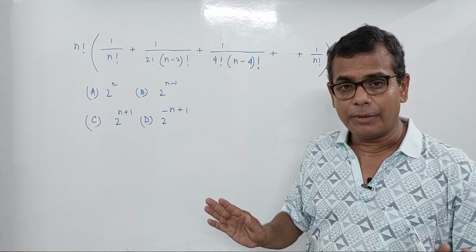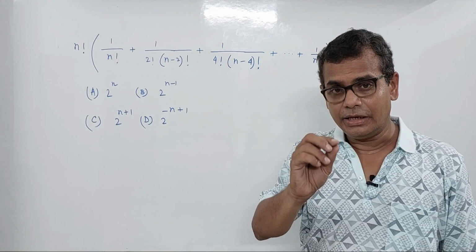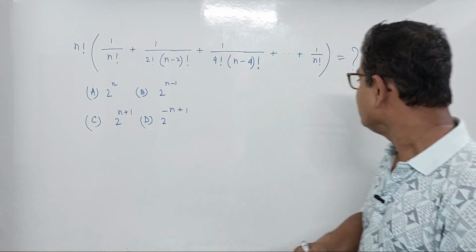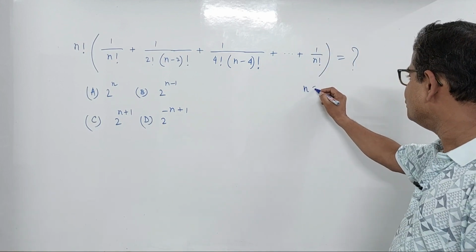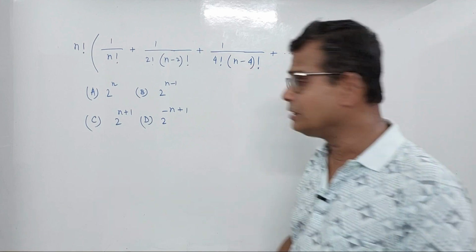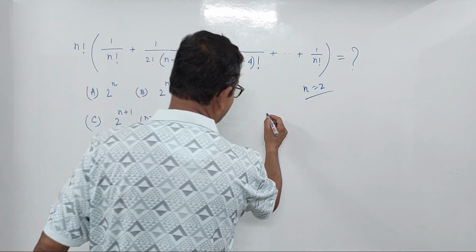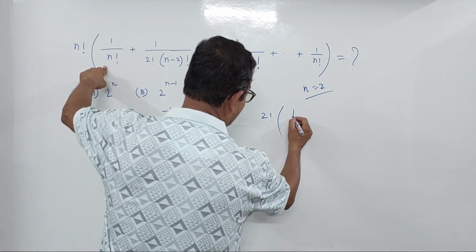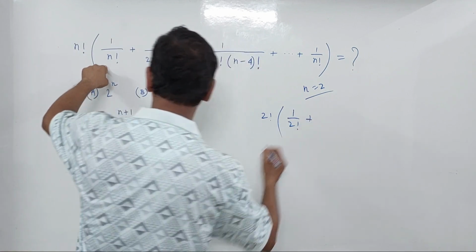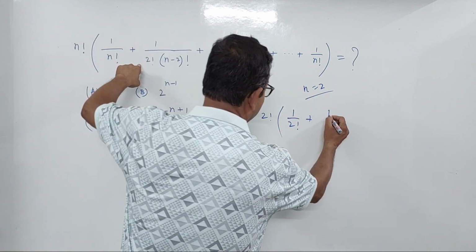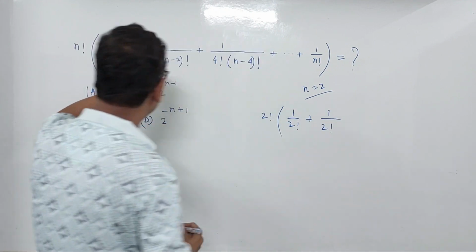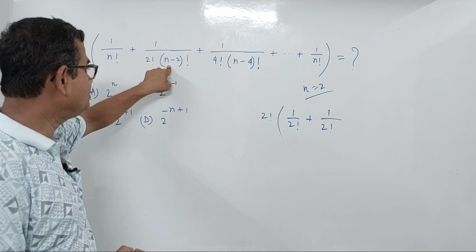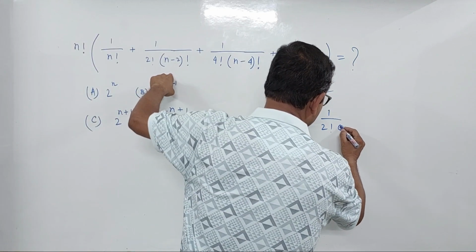We don't go with the proper method. We apply here a shortcut trick. For n equal to 2, this expression becomes factorial n, that is factorial 2, and 1 by factorial n, that is 1 by 2 factorial, plus 1 by 2 factorial into (n minus 2), that is 2 minus 2, 0 factorial.